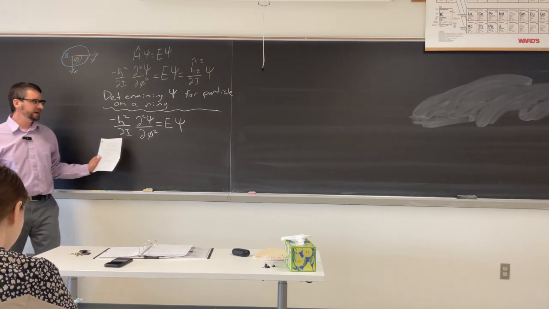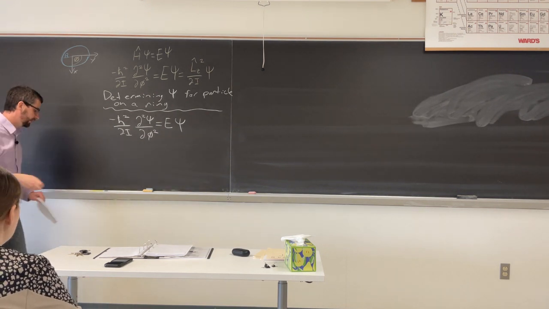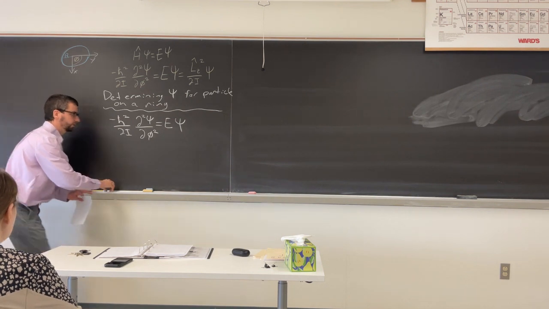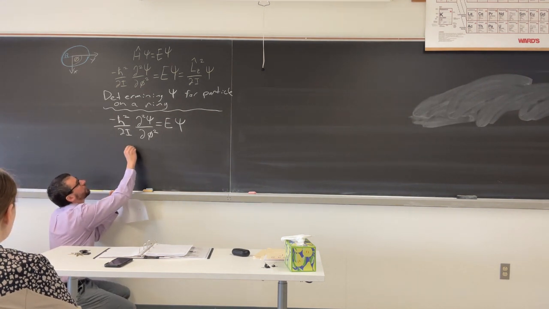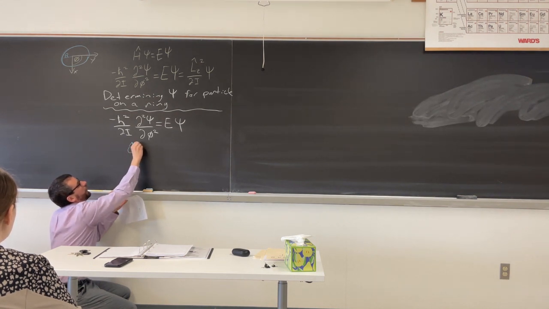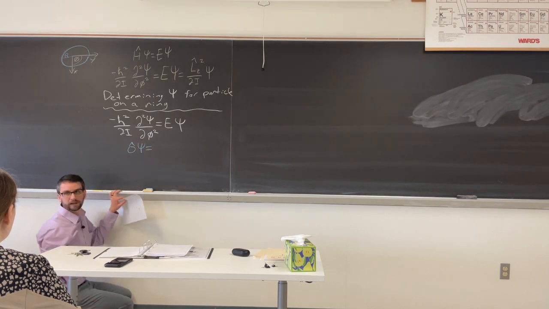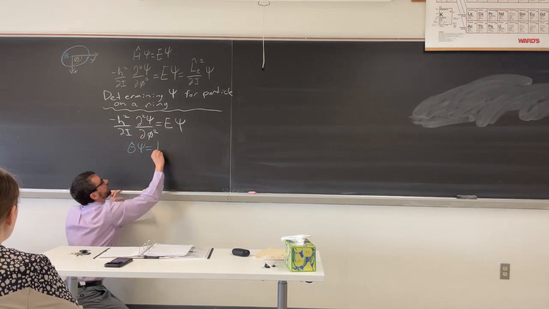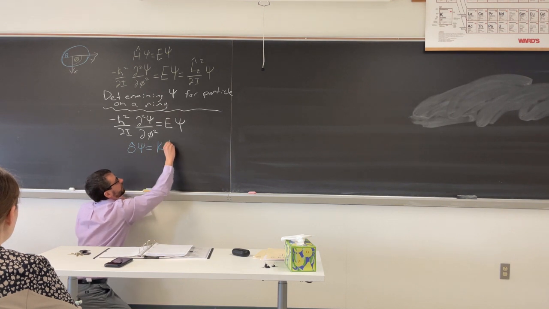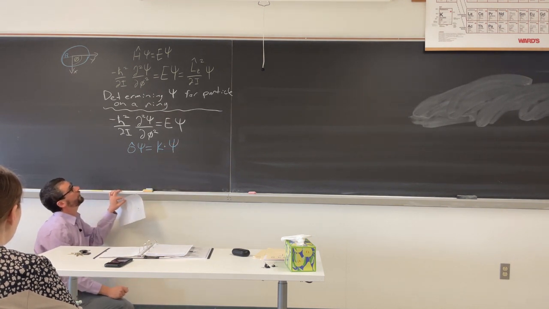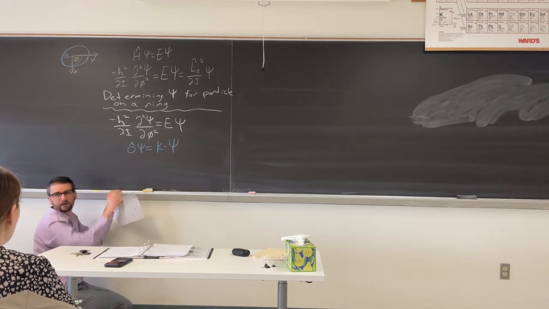Not really. We can manipulate this around to get a little bit better. What does a generic relationship look like? Yeah, we'll go with operator O operates on wave function. What do we get out in the end? Yep, times what? Yep, that wave function back. Okay, so we gotta try to make it look like this.